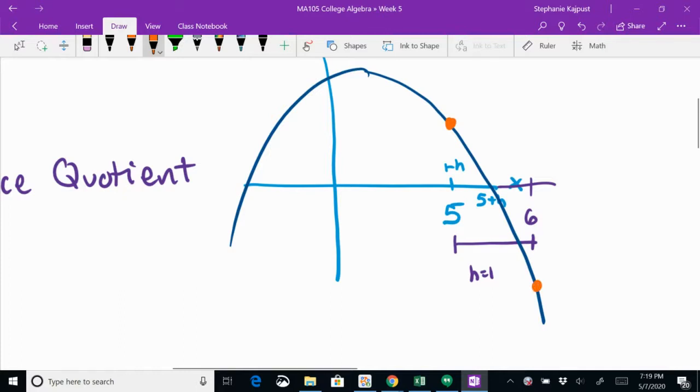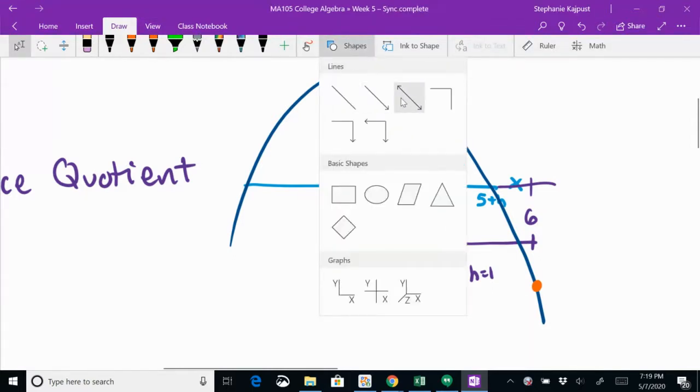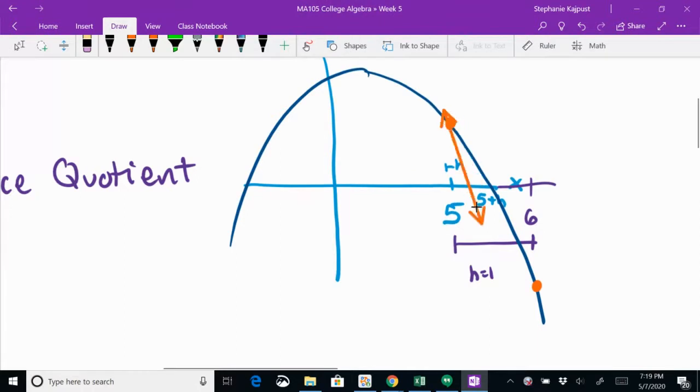And if I was to connect those with a line, you can be all fancy and actually make a straight line there. I think I can. So if I was to put a line through those points, you see that the line isn't perfect for the graph, but this formula that we just found will give me the slope of that line if we connected those 2 points.